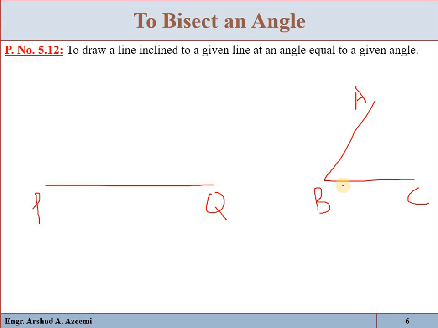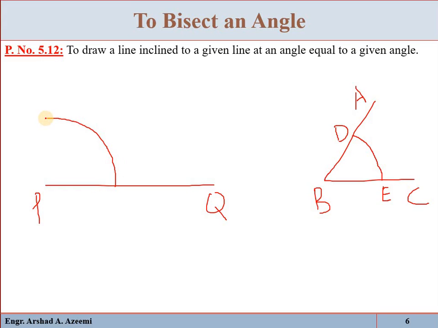So with B as center and any radius, draw an arc. It will intersect AB at D and BC at E. Now with the same radius, BD or BE, and center P, draw an arc here.